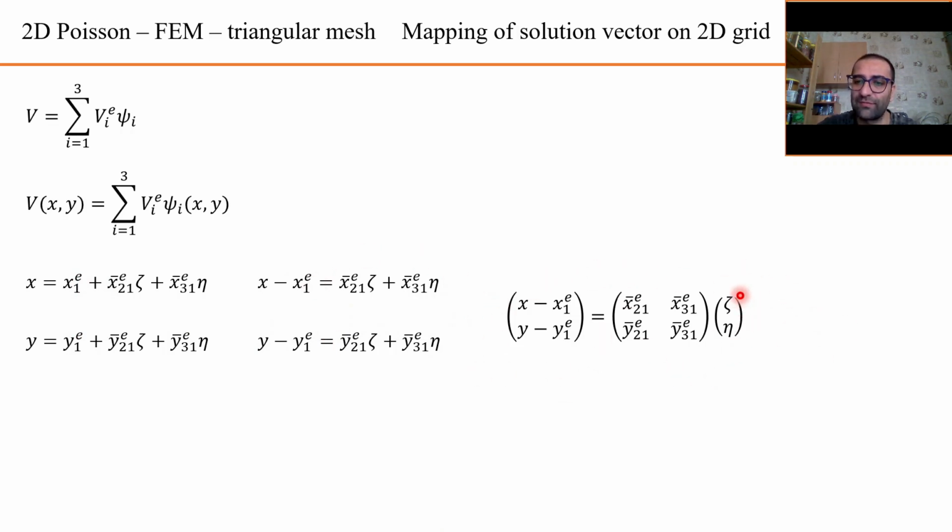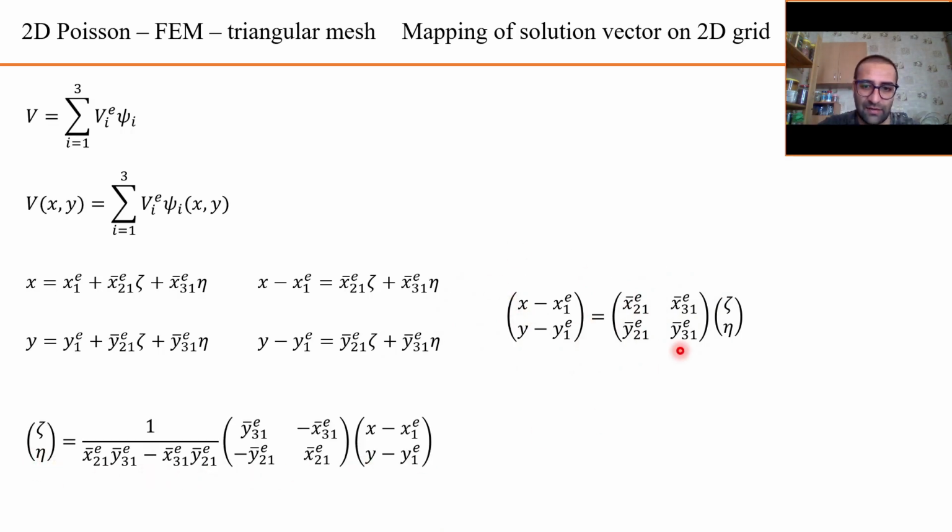And if you want an explicit dependence of zeta and eta on x and y, all we need is to calculate the inverse of this matrix and multiply it by this vector. Therefore, we have the inverse of this matrix, that is 1 over the determinant of the matrix, times this matrix and times this vector.